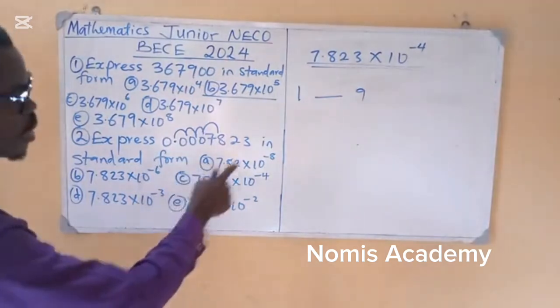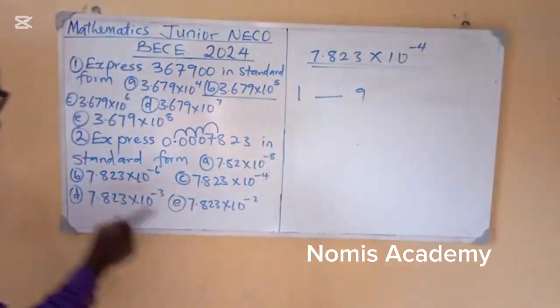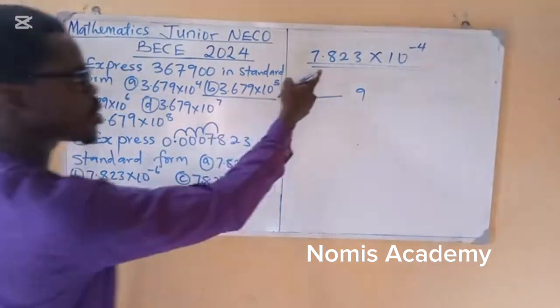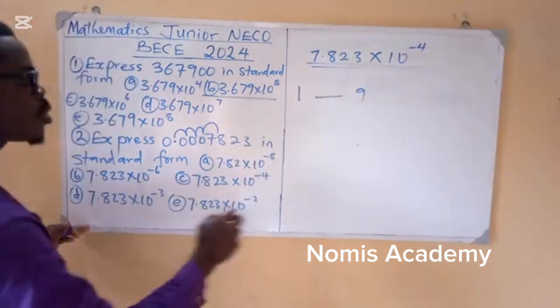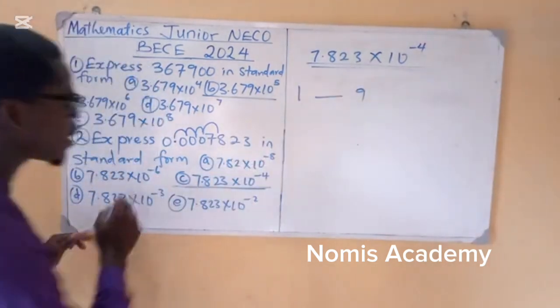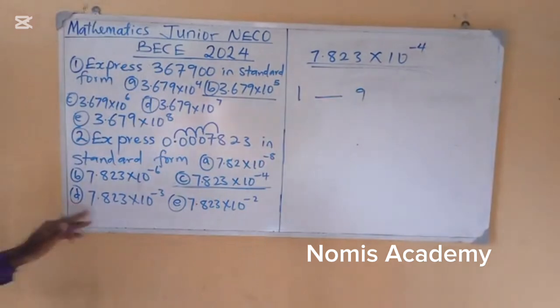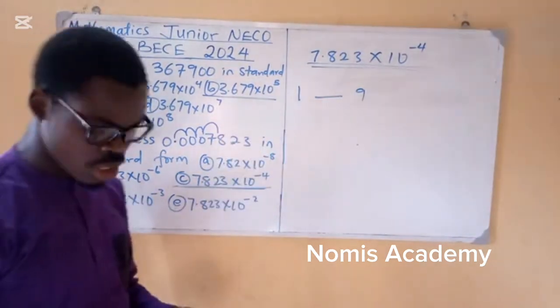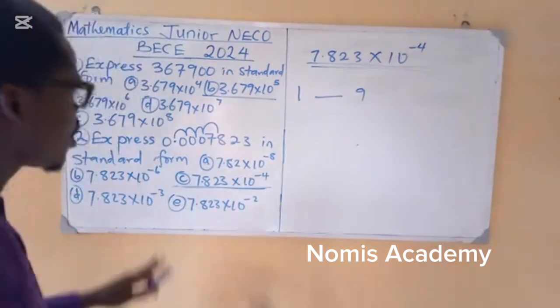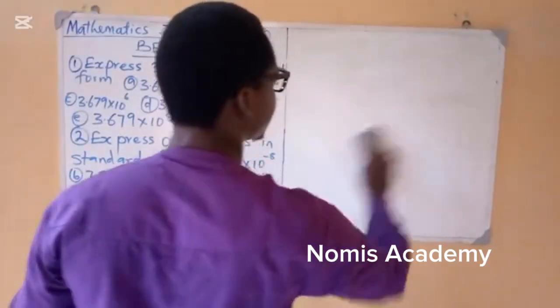Option A is different from this. Option B is different. Option C, as you can see, is the same. So option C is the correct answer. Option D is quite different, and E is also different.